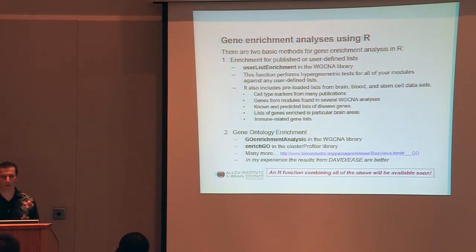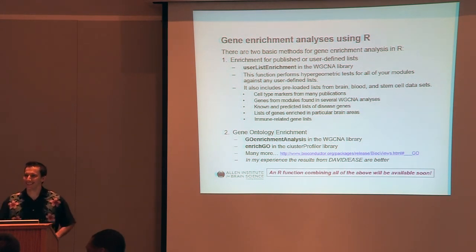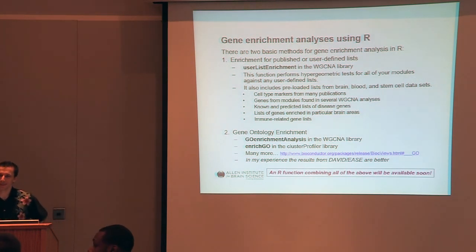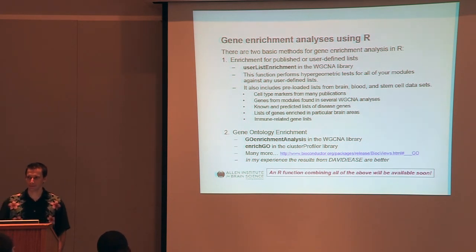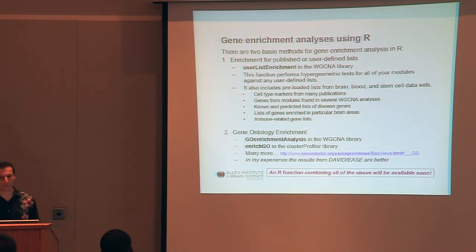I'm not sure why it should make a difference. Bigger support, you know. They have a huge team, whereas R may have the occasional programmer. Right. Having said this, our GO enrichment analysis function is regularly updated, so you won't miss much by using it. So there's more support for DAVID and EASE, but the GO enrichment analysis function is also updated very regularly.